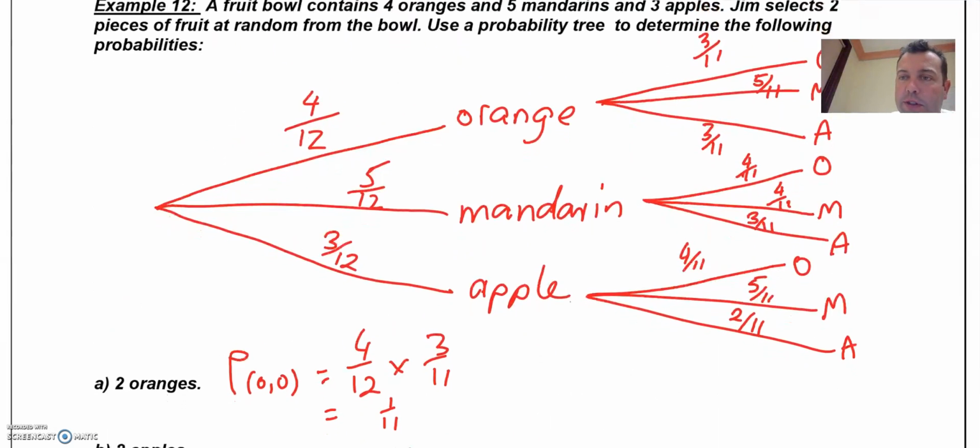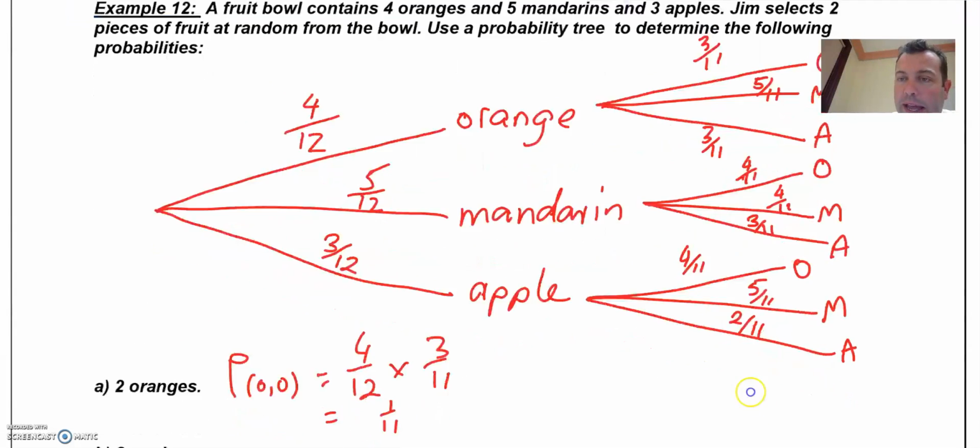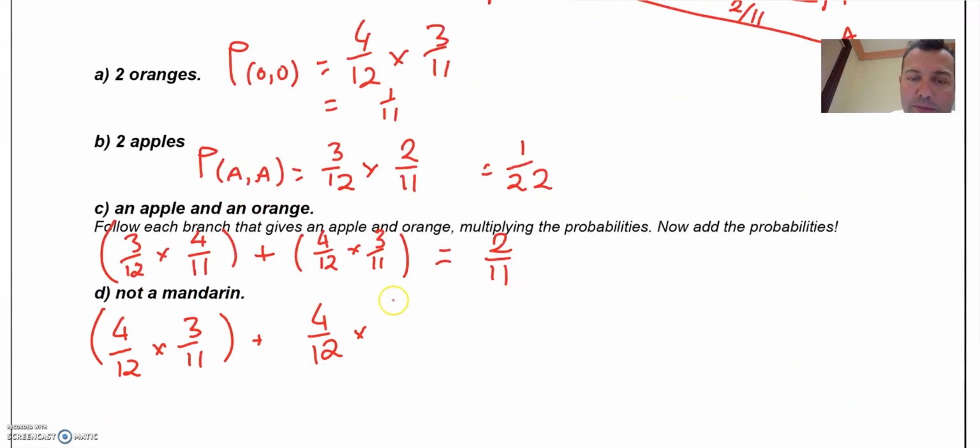So start with an orange, another orange, 3 over 11, right? That's one of them. And I've got an orange multiplied by apple, 3 over 11, okay. Right, that's orange first. The first thing I get is an orange. There's no mandarin. Or I could start with an apple first.